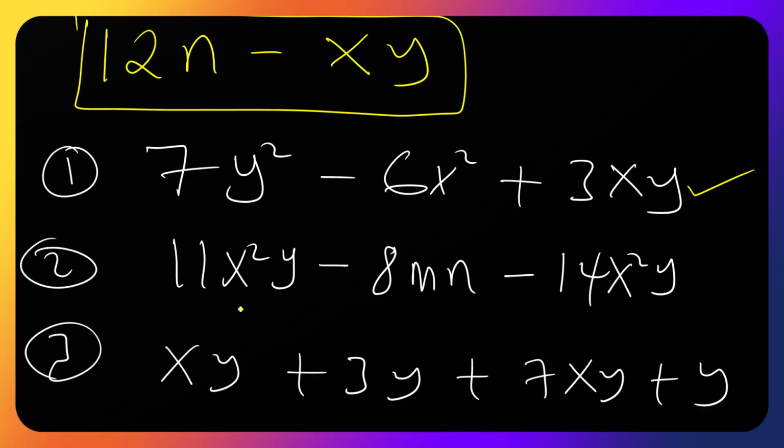So we have this one here, this one there. That will be 11 minus 14, that will be minus 3. So we have minus 3x squared y. And this one is only 1, minus 8mn. So you can mark it.